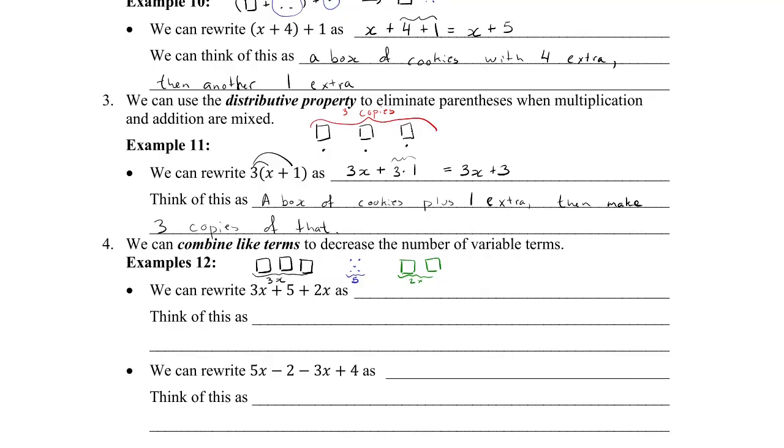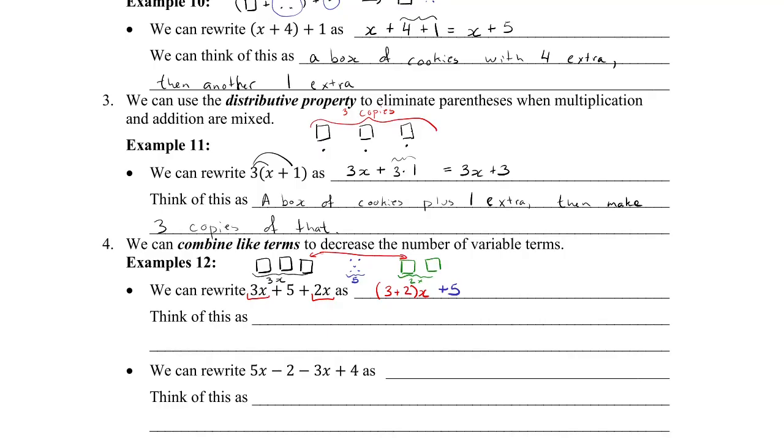And so what we want to do is combine those 2 x terms. In other words, combine our numbers of boxes of cookies. Right, so we have 3 boxes of cookies plus 2 boxes of cookies. That'll give us 3 plus 2 boxes of cookies. And then 5 extra cookies.